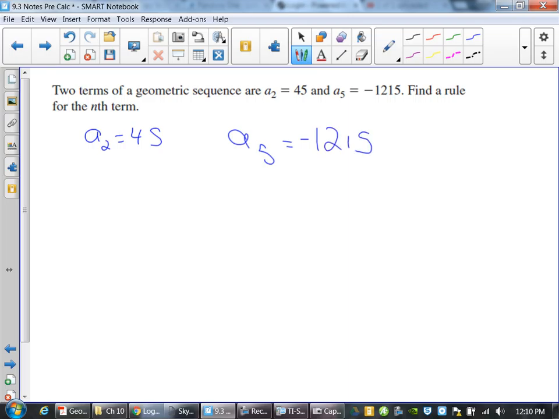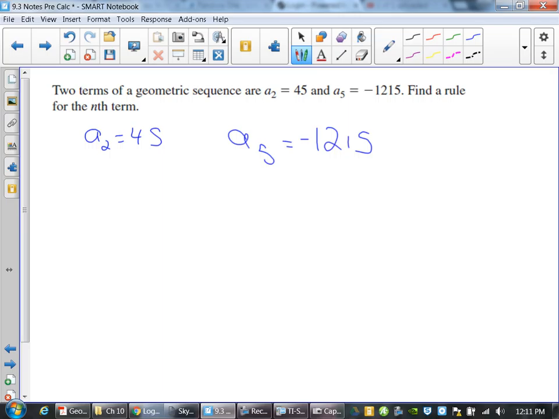Let's write the rule for the geometric. Each time you have something like this where you're given 2 different points in a sequence, it has to tell you whether it's going to be geometric or arithmetic. There's no other way around it. You're not going to have to decipher on your own whether it's going to be arithmetic or geometric. It'll tell you specifically which one to work with.